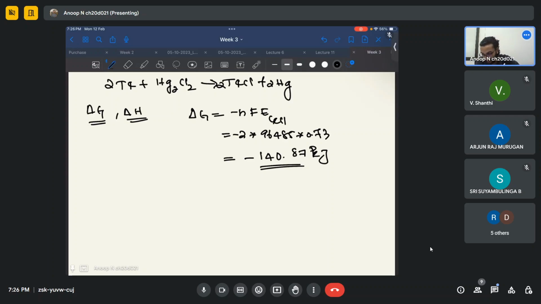Correct. Now calculate delta H. For that, what's the equation?